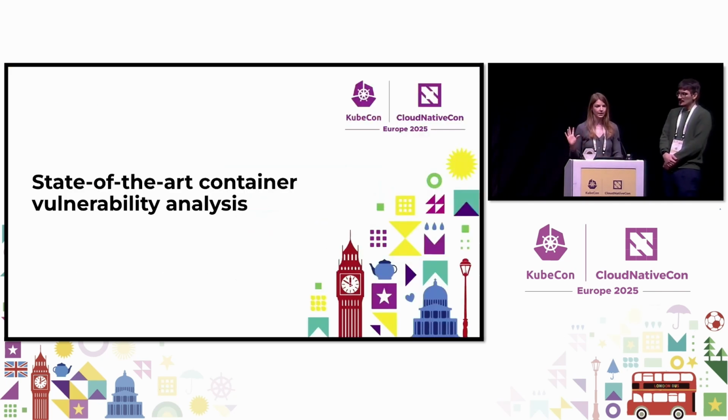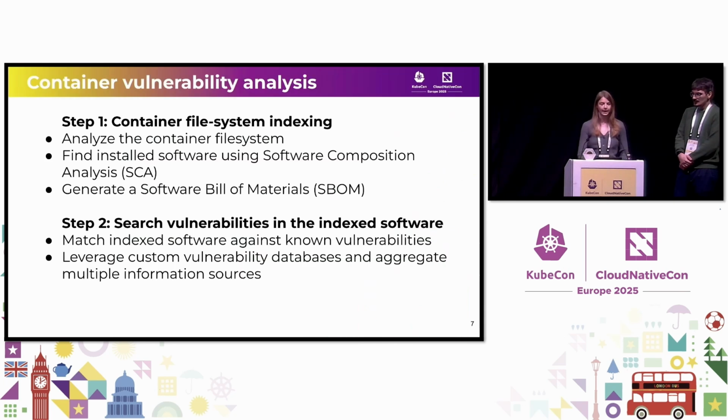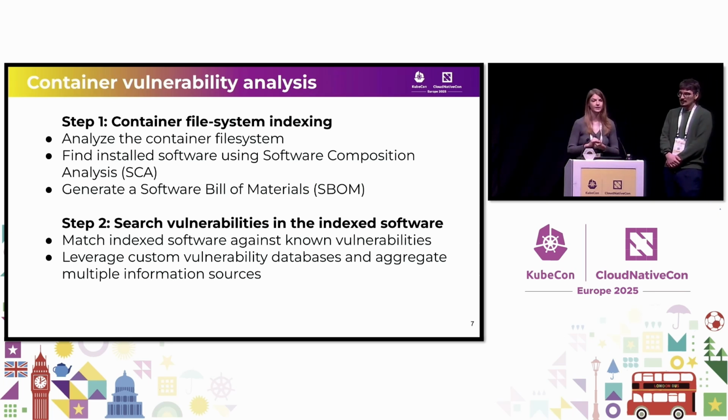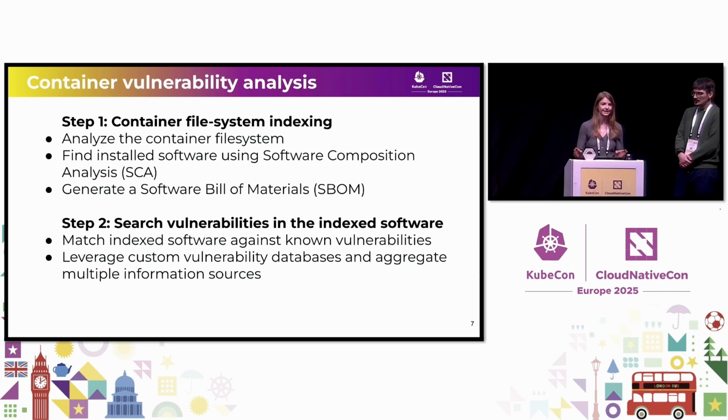I will first give a short overview of the tools that exist for container vulnerability analysis and scanning. There are typically two main steps when we want to scan for vulnerabilities in a container image. First, the tool will index the content of the container image. It will analyze the container file systems and try to find installed software. It can be the operating system packages, the programming language dependencies and libraries, and finally the binaries.